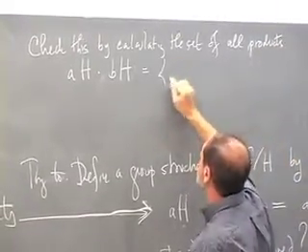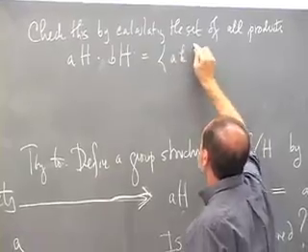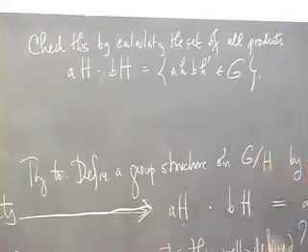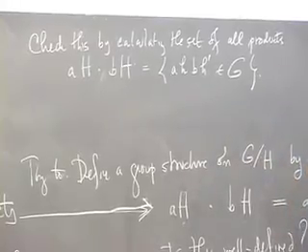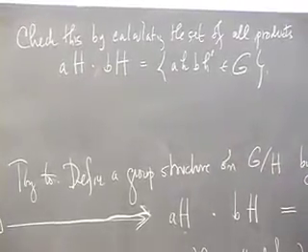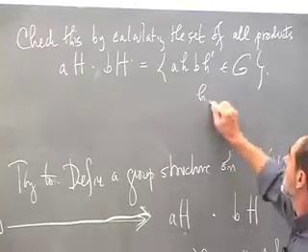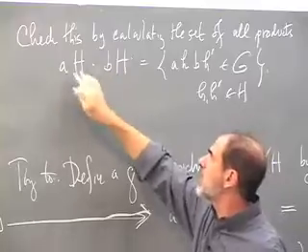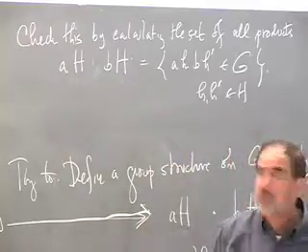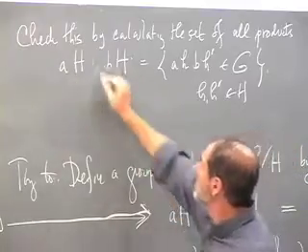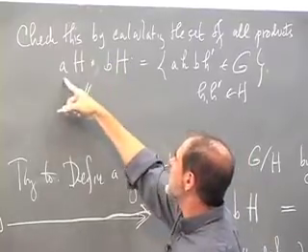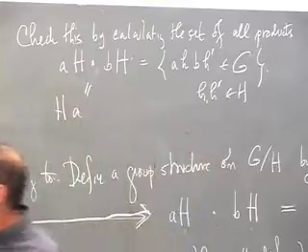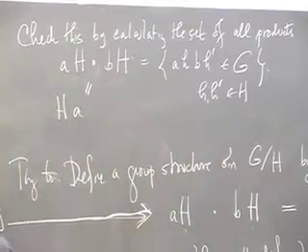So this means everything of the form AhBh' in G. That's that set, where h is anything in H and h' is anything in H. That's what I mean. Take all things in this set and take all products with things in this set. Now, how do we calculate that? Well, first of all, we rewrite this AH as HA because this set is the same as this set, right?